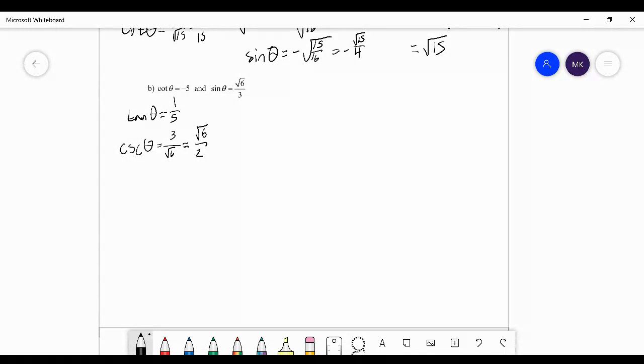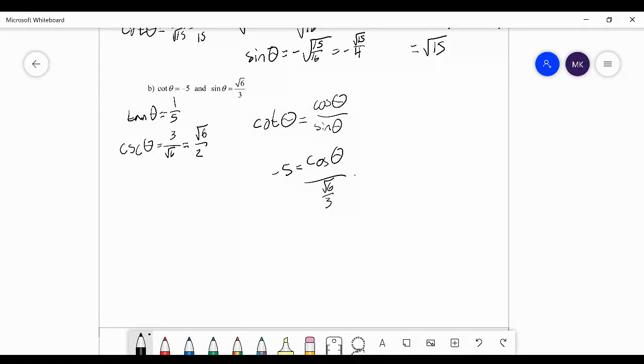There's a few different setups we can use, but let's use the fact that cotangent is negative 5. How can I relate cotangent of theta to cosine? Well, cotangent of theta is cosine of theta over sine of theta. So I fill in the values we know, and we end up with negative 5 equals cosine of theta over root 6 over 3.